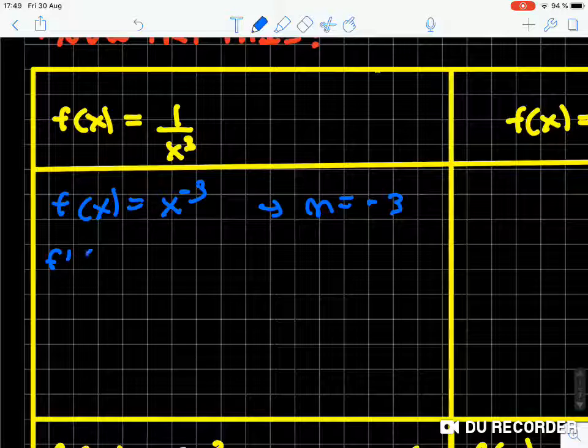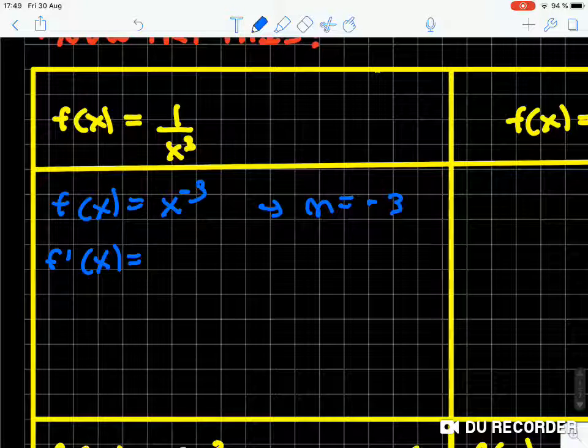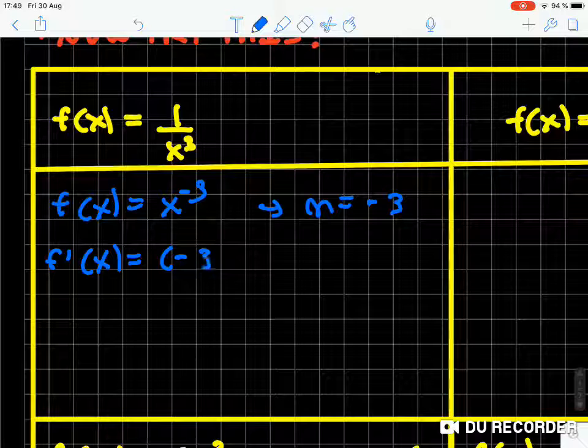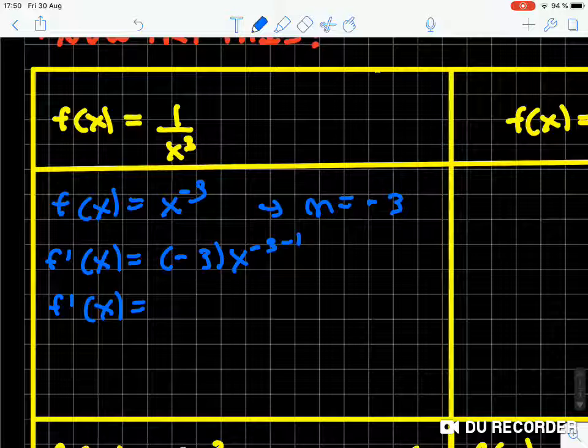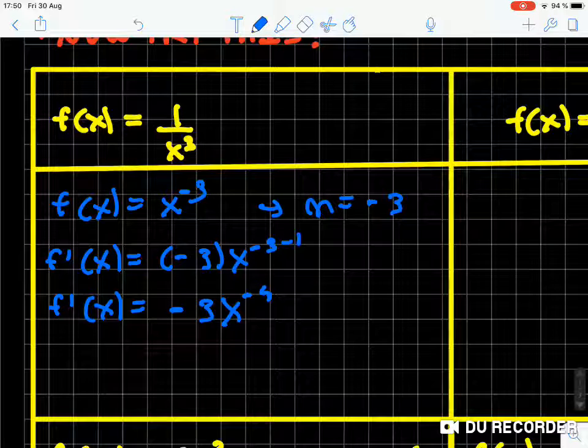So the derivative of f of x is just going to be minus 3 x to the minus 3 minus 1. So the derivative is just going to be minus 3x to the minus 4. Easy, right? Okay, so we'll move on to the next one.